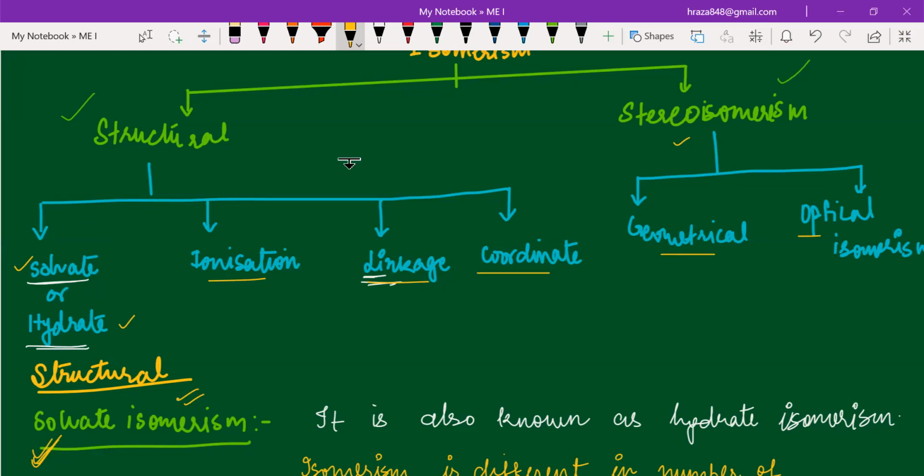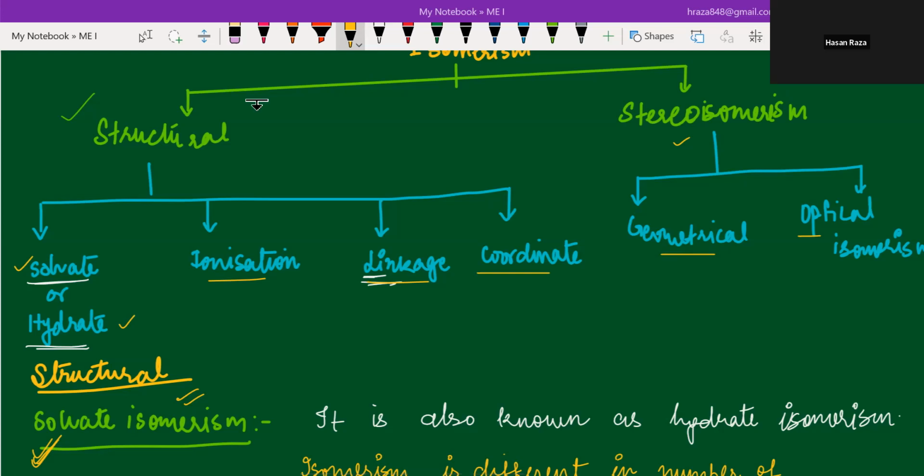Then I will explain one by one all these isomerisms.